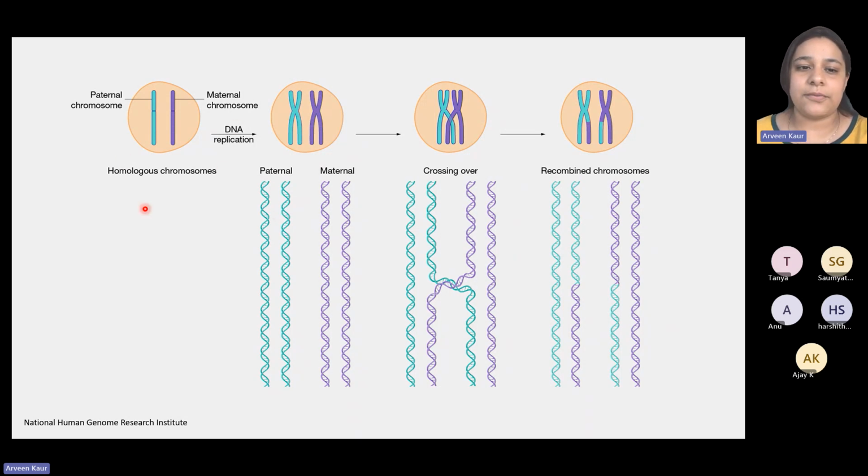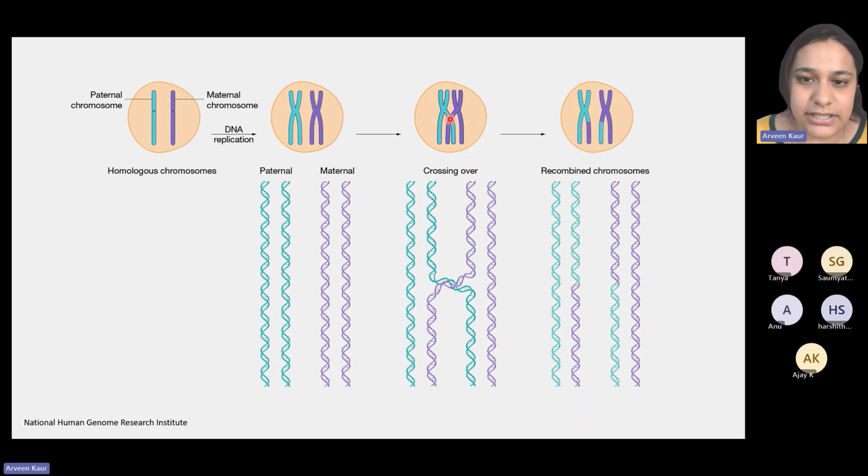So what happens during homologous recombination is that before this reduction happens, these non-sister chromatids, that is, one of the father's chromatids and one of the mother's chromatids, come together and form a junction across one another, through which the recombination occurs.